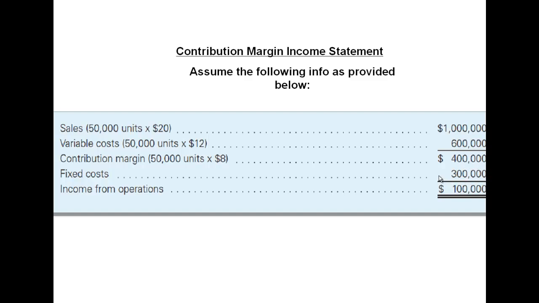So no matter what the activity level is, we're going to have that $300,000. This is kind of cool because this is the part we can control, right? I mean, we can sell more and produce more, but those fixed costs are going to stay the same. So in this example, the income from operations is $100,000. So another way to think of it is you have to have enough contribution margin to cover your fixed costs, and anything left over is going to go into the income from operations.